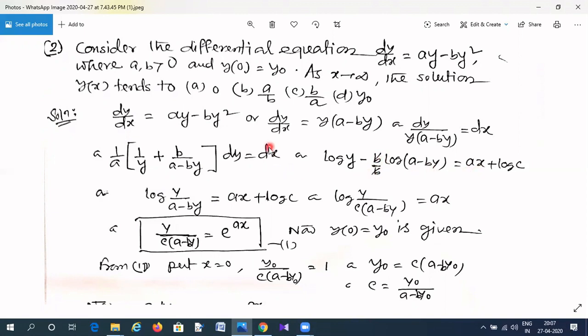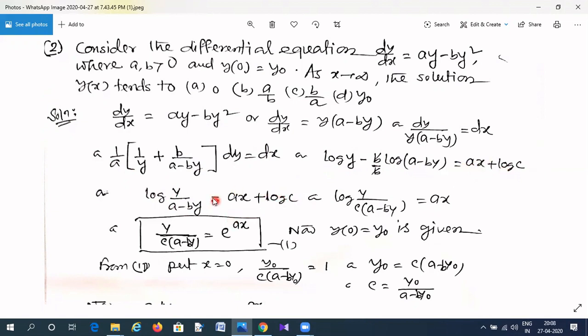The integration of dx, and a is multiplying here, so ax plus a constant, which I'm taking as log c. Now the next step: log y minus log(a - by). We know the formula log a minus log b is equal to log of a/b. I am just applying this formula, so log y minus log of (a - by) is equal to log of y/(a - by), which is equal to ax plus log c.